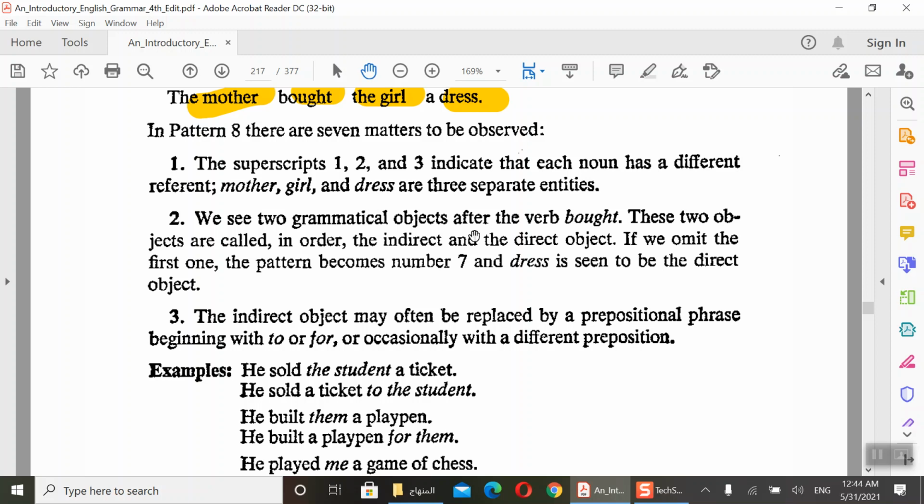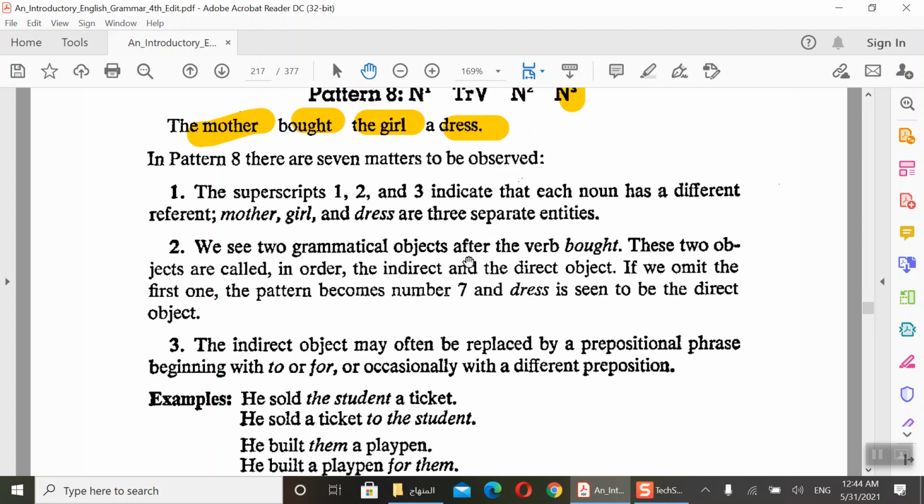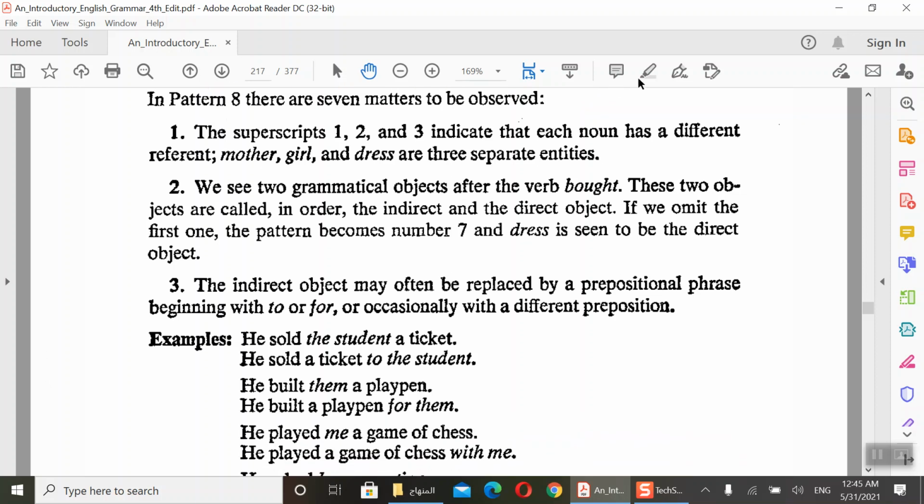Here there are 2 grammatical objects. We have 2 objects, one is direct and the other indirect. The 2 objects are close in order. Always the first one is indirect and the second one is direct, okay?